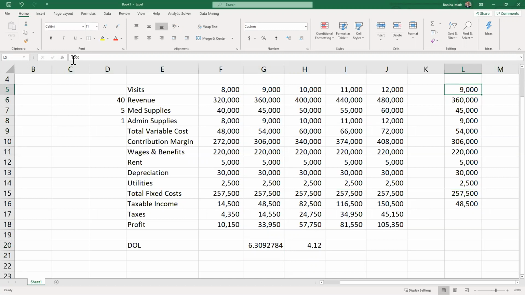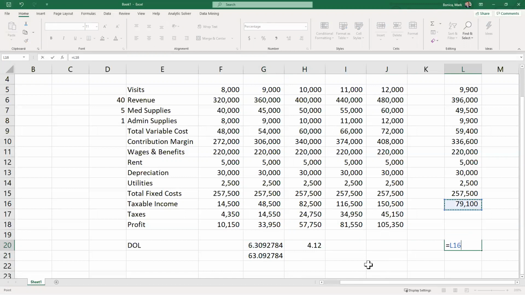And we're going to increase that 9,000 by 10%, equals 9,000 times 1.1, and we get a pre-tax income of 79,100. So with a 10% increase, we're expecting a 63.1% increase in pre-tax income. So let's test it and see if we're right.